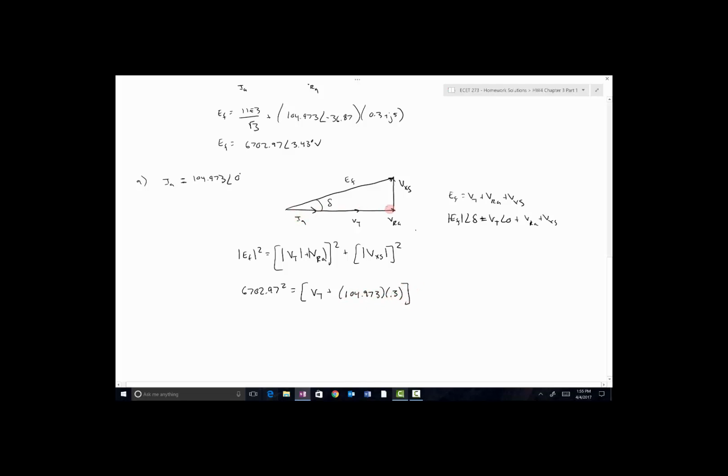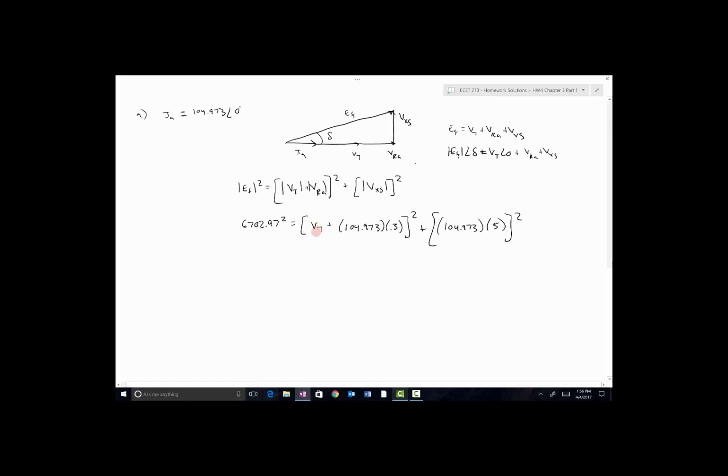Add those together, you get the base, so square that addition. And then we need this height right here, which is 104.973 times the synchronous reactance, which was 5. Square that whole term.